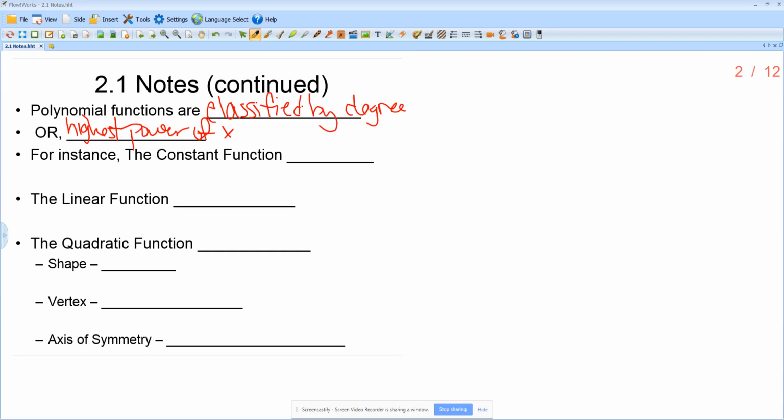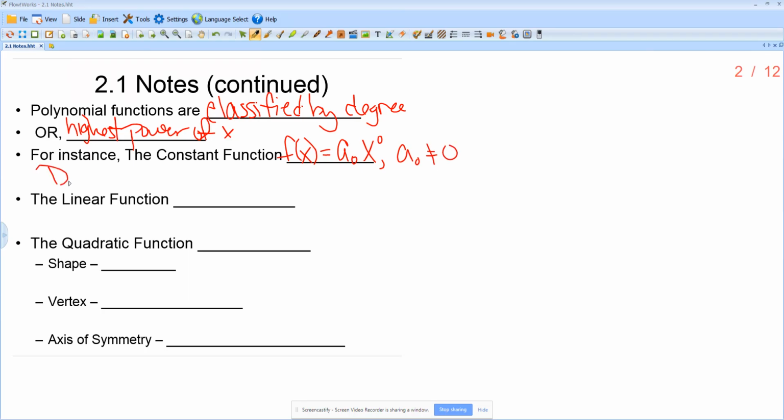So for instance, for the constant function, we have f of x equals a sub 0 x to the 0. That's something like f of x equals 10, because a sub 0 would be 10, and there's no x. Or something like y equals 3. That's a constant function. It's a horizontal line. This is such that a sub 0 cannot be equal to 0.